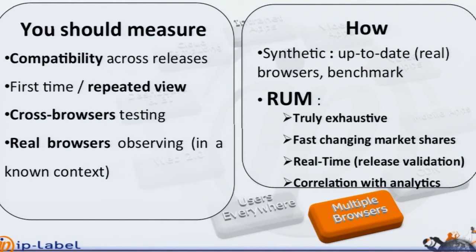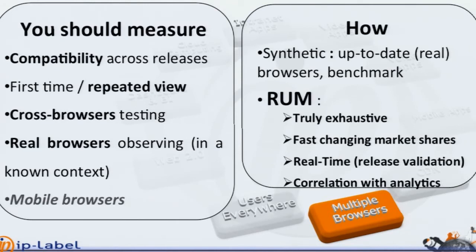Synthetic testing is a good way to evaluate a few critical browsers to get baselines, but real user monitoring is the only way to get a truly exhaustive view of the different response times. And like I said, it's also a very easy and almost cheap way to check that the performance is good on all the browsers. You don't have to spend days and weeks validating all of the browsers if you do not have the time or the money to do that.